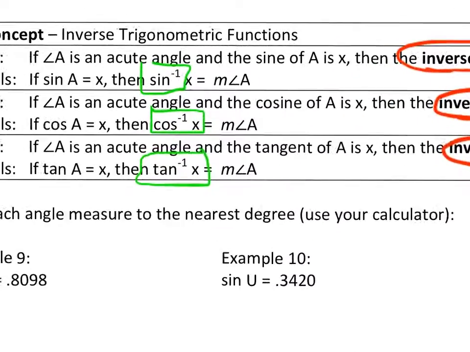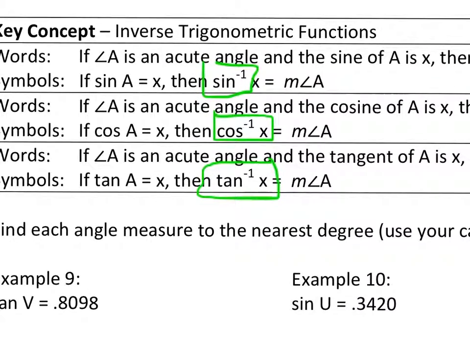So you have sine to the -1 power, cosine to the -1 power, and tangent to the -1 power. And those are right above the sine, cosine, and tangent buttons. So in other words, you have to push the second function key to get to it. And basically, it just goes the other way.